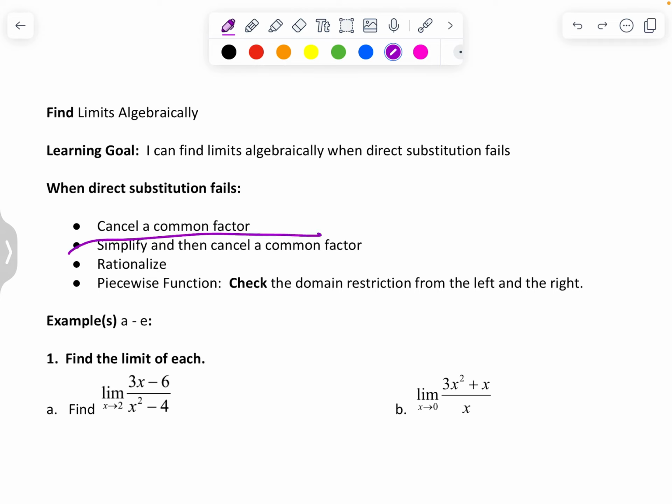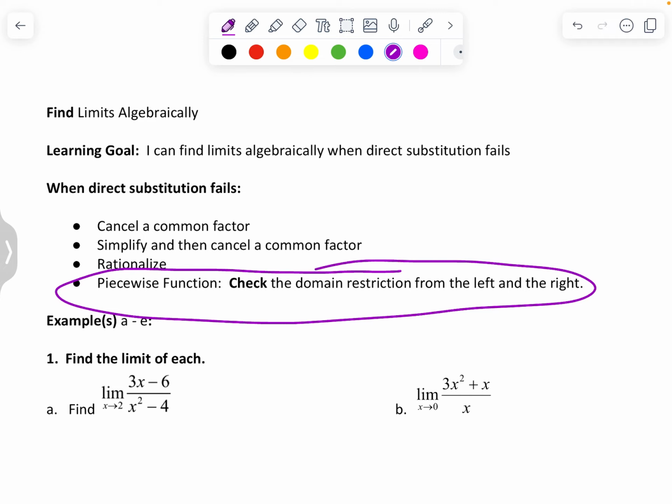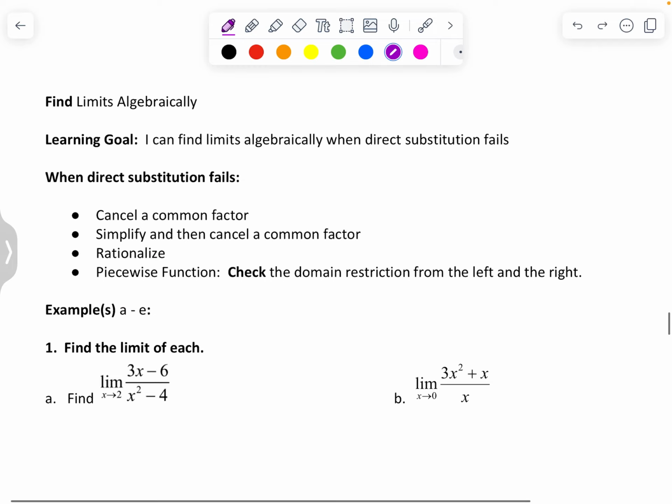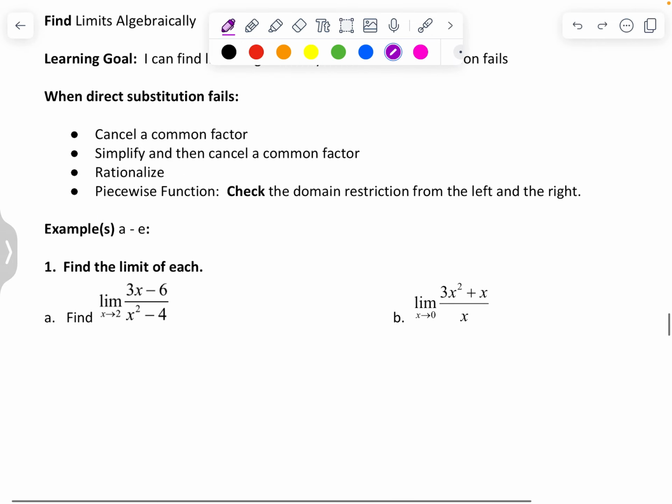Same thing with this, we could simplify and cancel common factors, rationalize any denominators or numerators with conjugates, or even consider piecewise functions. Let's do this first one, and you'll see what I mean.